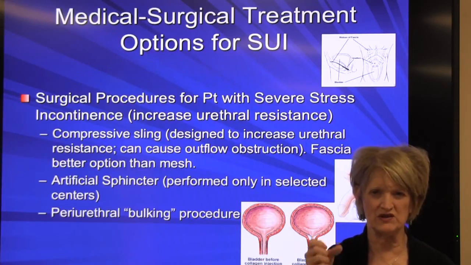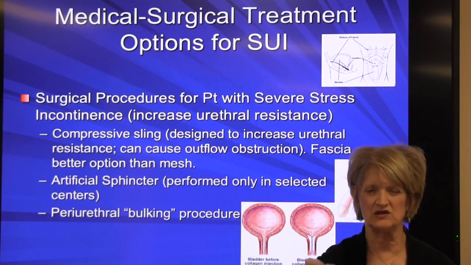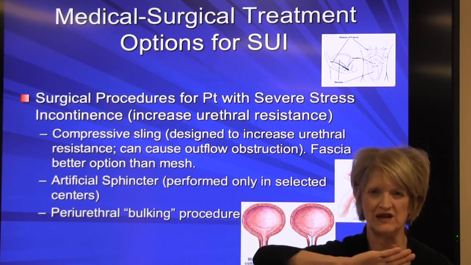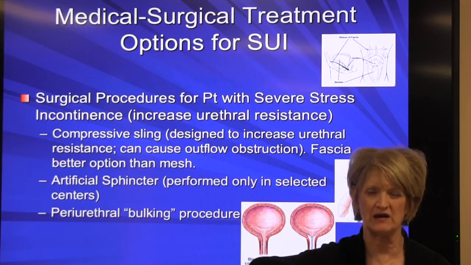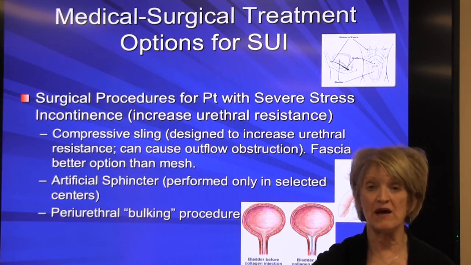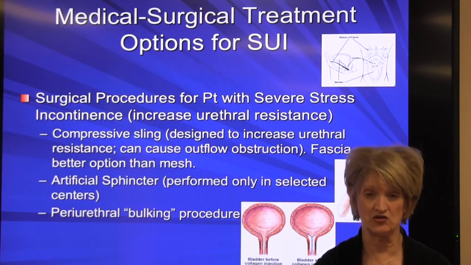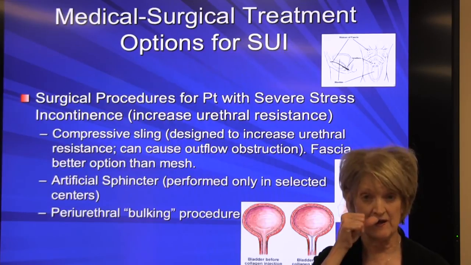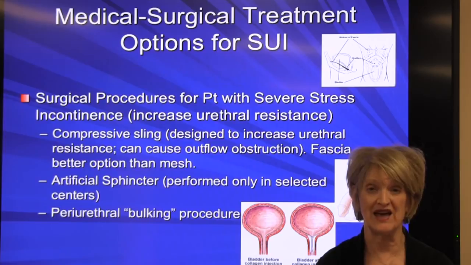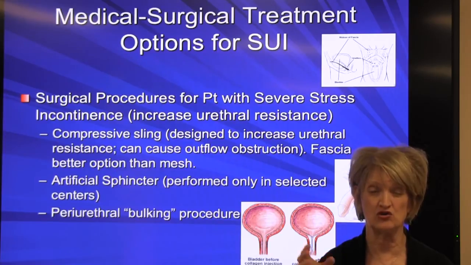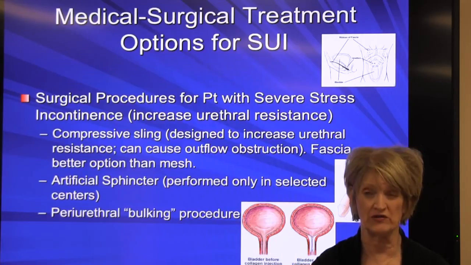If your urethra does not close, if your sphincter does not work, simply holding it in place is usually not enough. So for patients who have severe stress incontinence due to sphincter damage or sphincter denervation, there are 3 procedures that actually work to increase urethral resistance to help close the urethra.